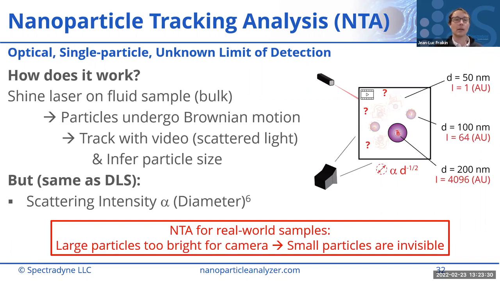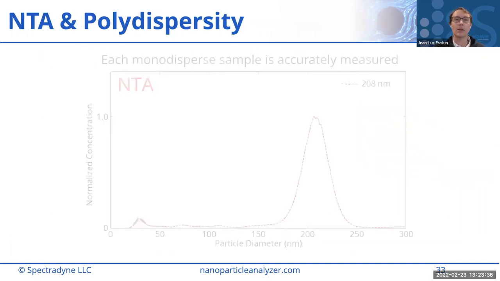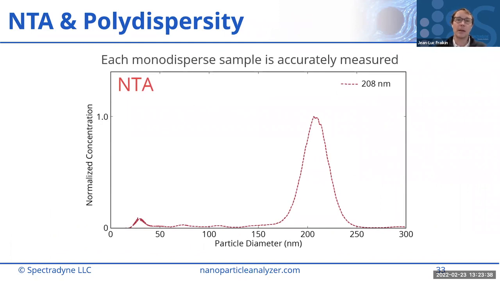So let's look at an illustrative example with polystyrene beads. This is an experiment you can do quite readily yourself if you have an NTA and polystyrene beads on hand. Here we're measuring a monodispersed sample of 208 nanometer polystyrene beads, and you can see NTA measures it just fine.